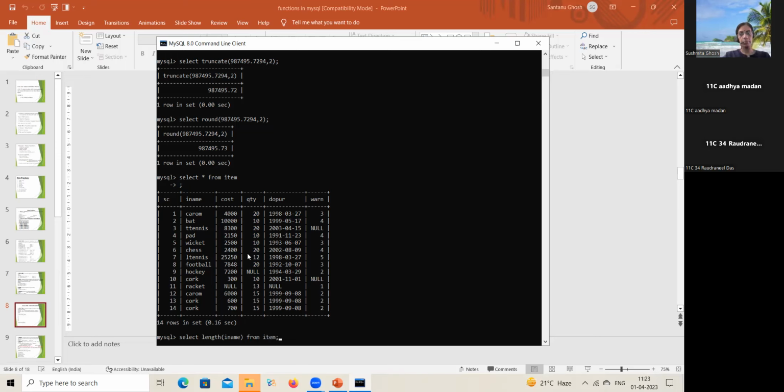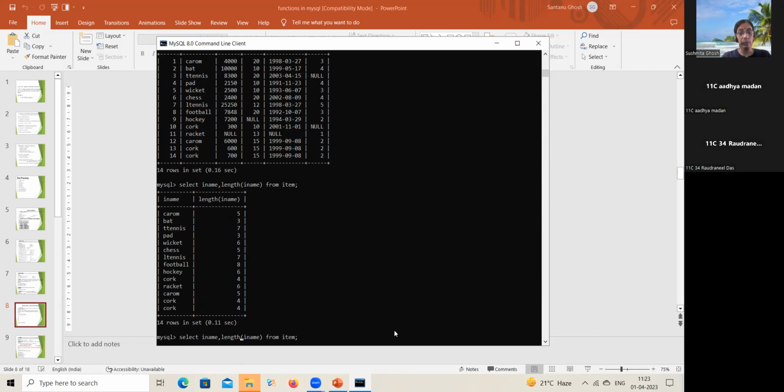So item, iname ka length of characters, na? 1, 2, 3, 4, 5. 1, 2, 3. 1, 2, 3, 4, 5, 6, 7. Okay. I might want to confirm by displaying the name also.